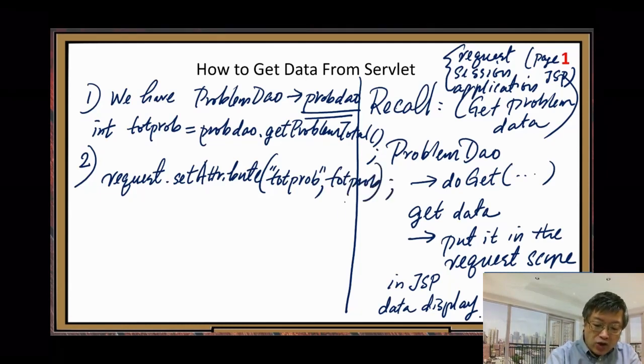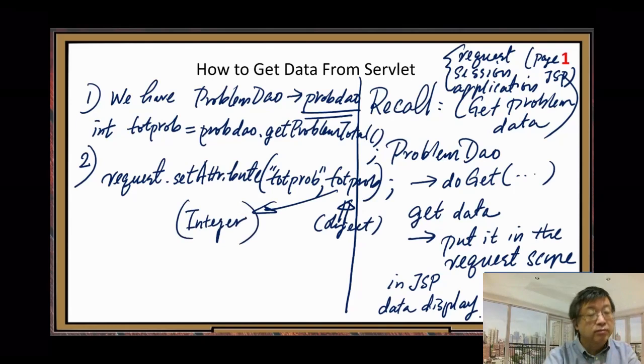Actually the second parameter of setAttribute is supposed to be an Object, but here we put the integer directly, and Java converts it to its corresponding object, capital Integer. We do not need to do it manually, so that's automatic conversion, which saves some coding, although very simple.